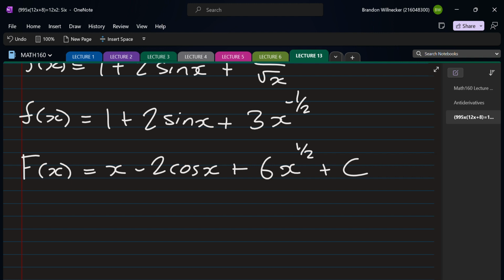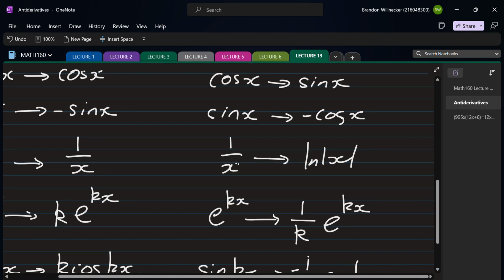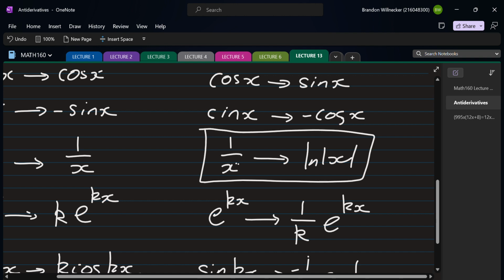Okay, yes? So when do you know to use that method to enter that into the natural log? So the natural log, if we go back here, that was the special case. It is only for this. Okay, so 1 over x, that is the only time that you use the natural log.